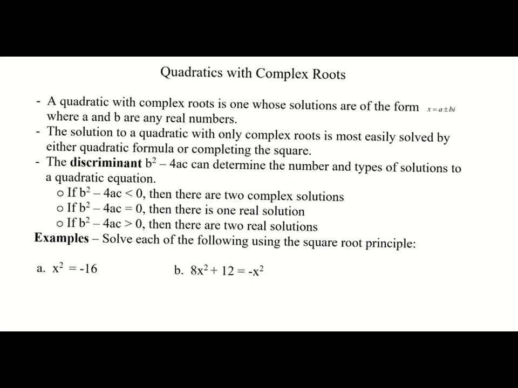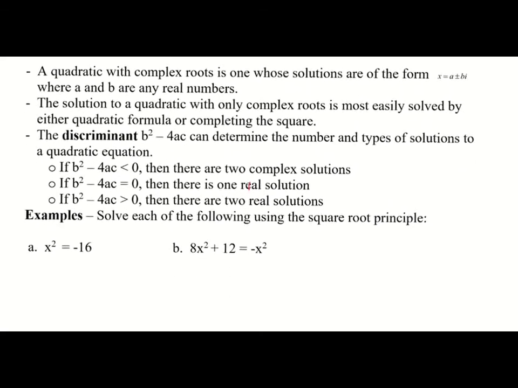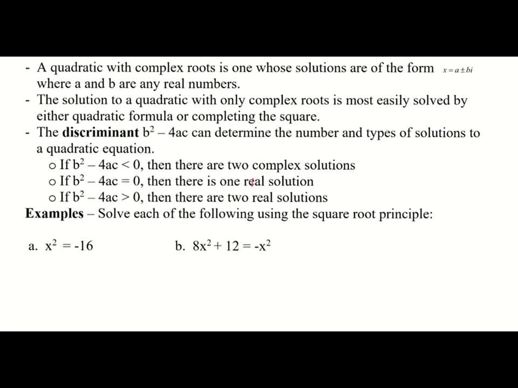So the first one that we are going to do is we are going to solve using our square root principle to start with. So I am going to move this up just a little bit so that we have a little bit more space. All right, and let's start. We'll start by just taking the square root of both sides of a.